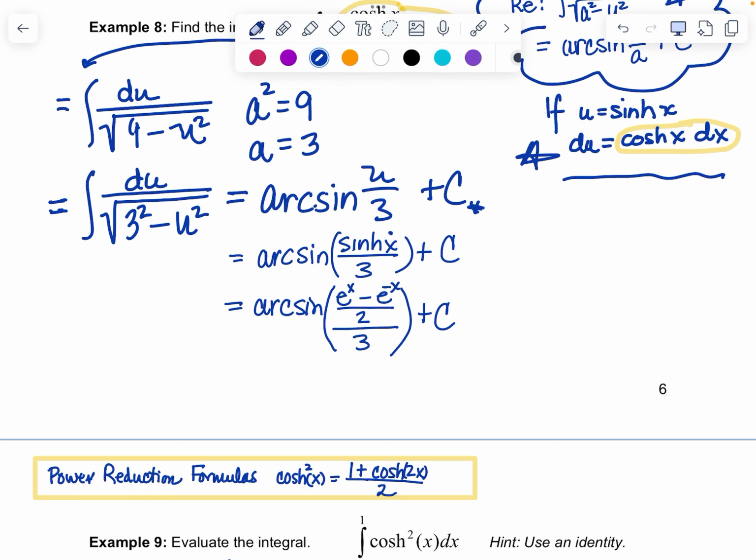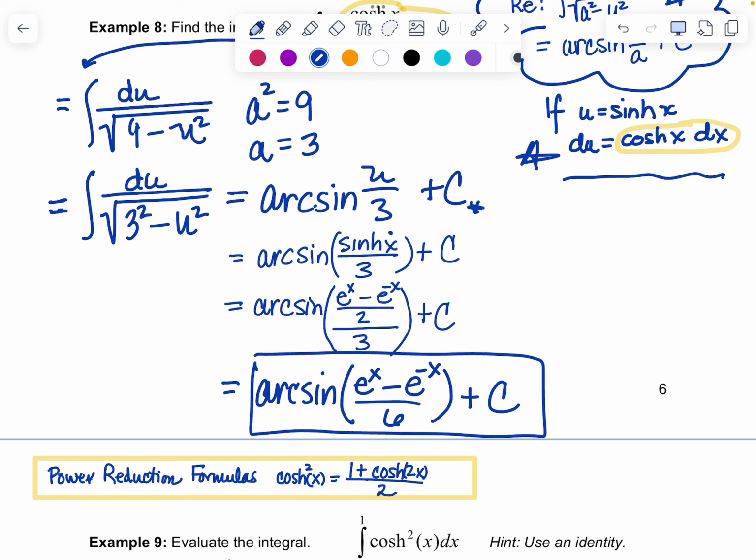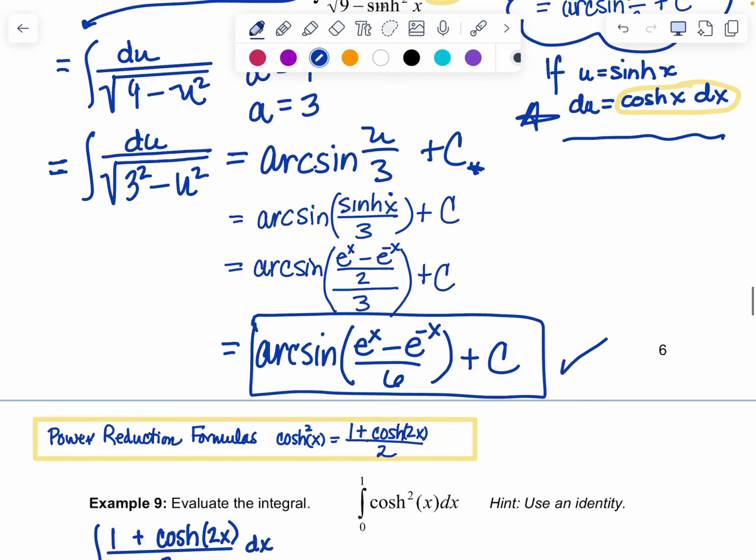And then we're going to put our final answer. So the integral of all this turns out to just be arcsine of the quantity e to the x minus e to the negative x over 6 plus c, the arbitrary constant. Okay, and there you go.